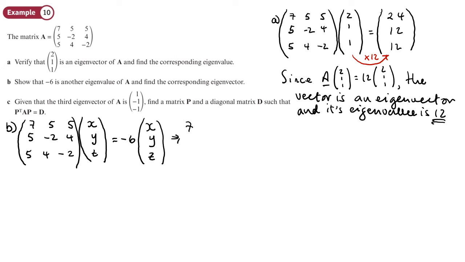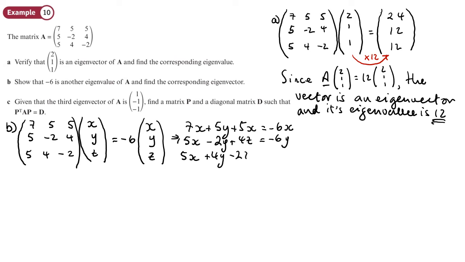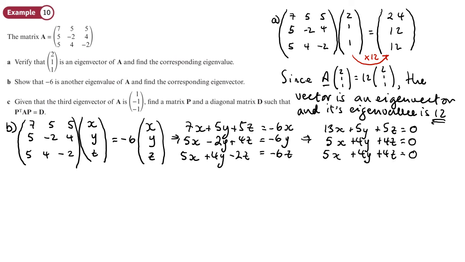We'll have 7x plus 5y plus 5z equals -6x. Second row, 5x minus 2y plus 4z equals -6y, and then 5x plus 4y minus 2z equals -6z.